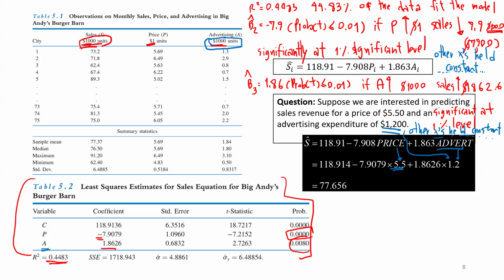Okay, and then you get the result equal to 77.656 in terms of $1,000.